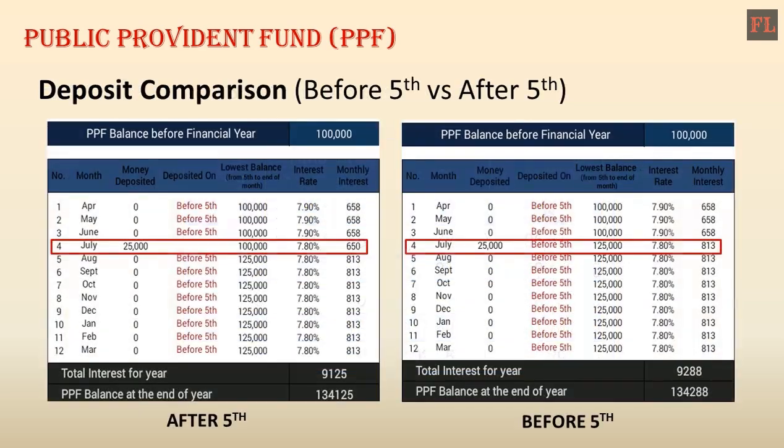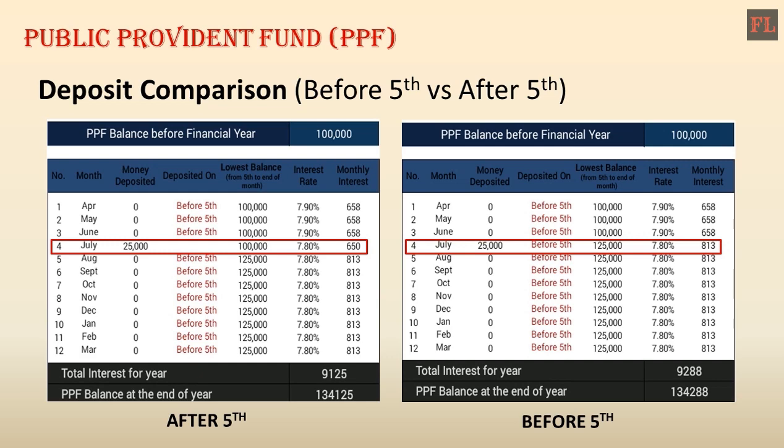Let's see one of the most important facts about PPF, that is deposit comparison. If you deposit money in your PPF account before the 5th of a particular month, then you will earn the interest for that particular month, based on the interest rate. As you can see on the left hand side, if 25,000 was deposited in the month of July, but after the 5th day of July, then the interest earned is 650 rupees.